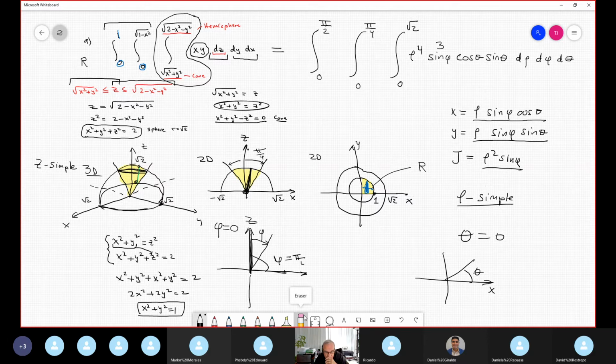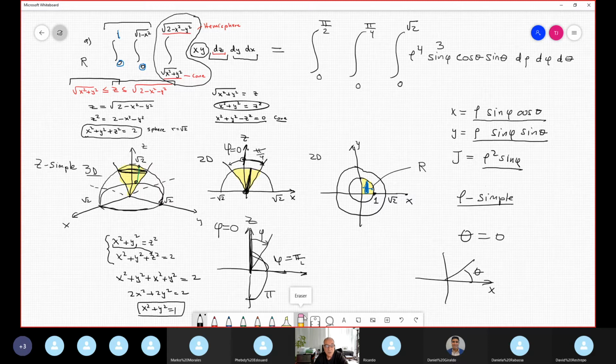Phi here is pi. And that's it. The range of the variation is from 0, exactly on the z-axis, and pi is the opposite direction from the z-axis.